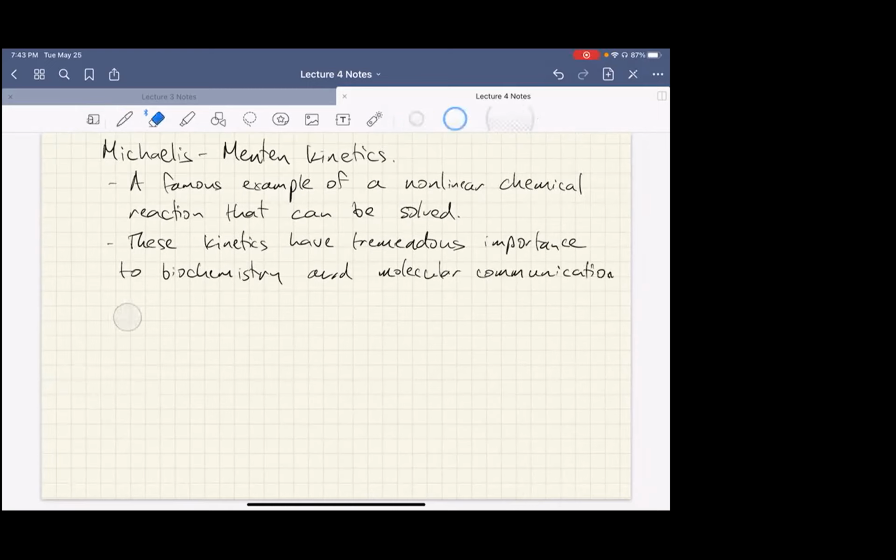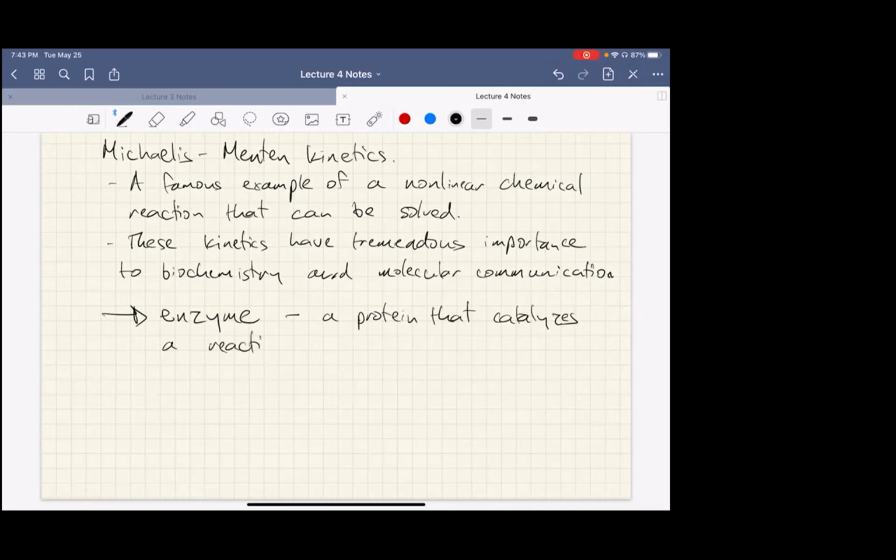And what it's all about is how enzymes work. So what an enzyme is, it's normally a protein. It's a particular kind of protein. And what it does is it catalyzes a reaction. So Michaelis-Menten kinetics basically give you the mathematics of how these enzyme reactions work.